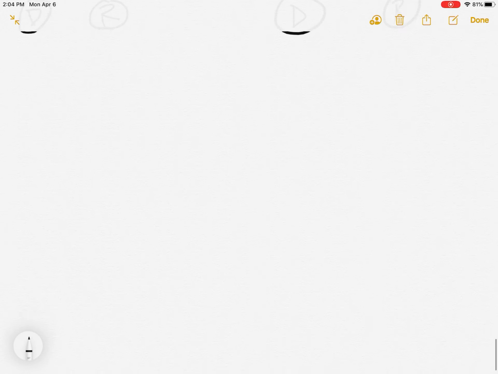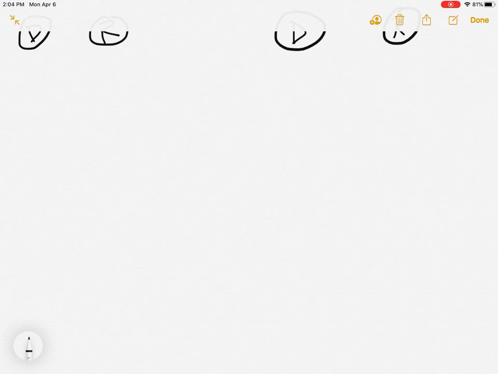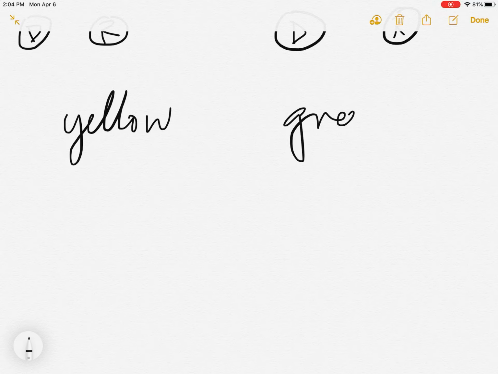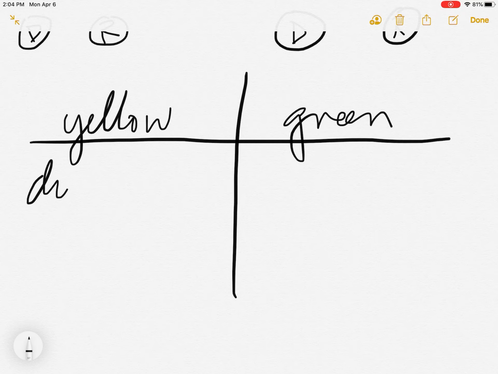Okay, so let's go back to Mendel's pea plants. We had said that we had yellow peas and green peas. And Mendel was able to identify that yellow was dominant. And he did this by using, remember we talked about true bred yellow plants. So you cross yellow peas, you get more yellow peas. You cross those ones, you get more yellow peas.